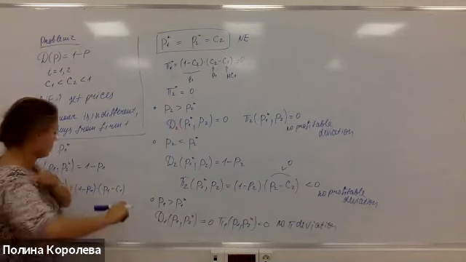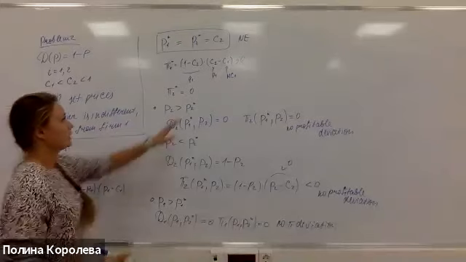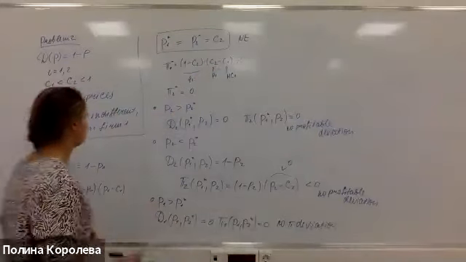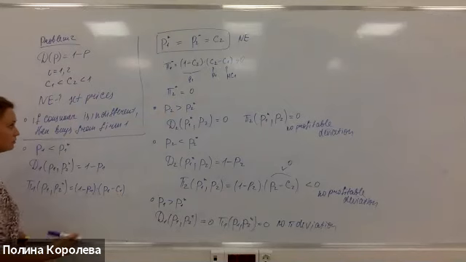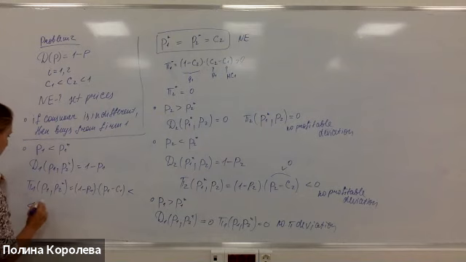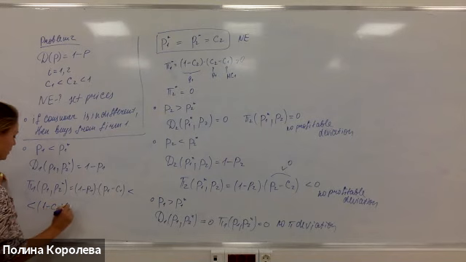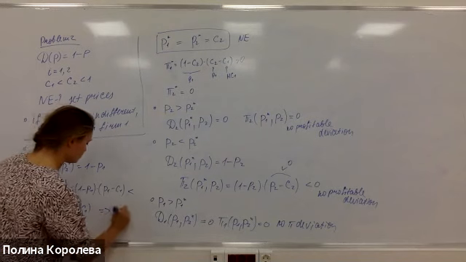Let's compare. C2 minus C1 is greater than P1 minus C1, because the profit is less than 1 minus C2 times C2 minus C1. So here also no profitable deviation.